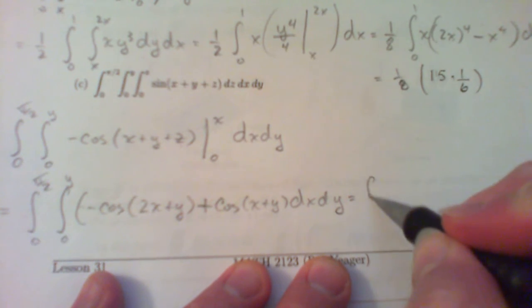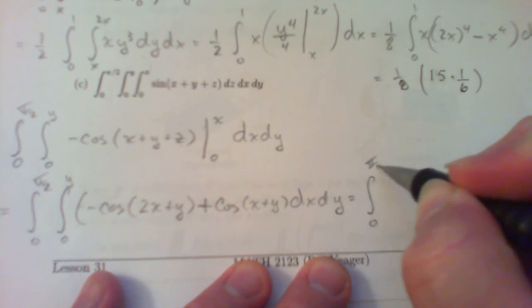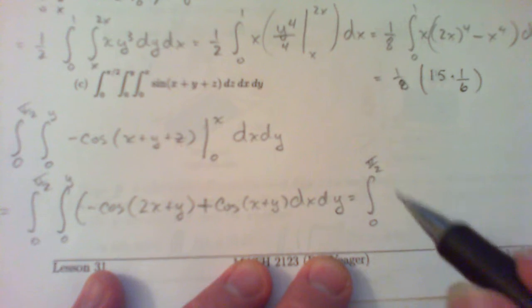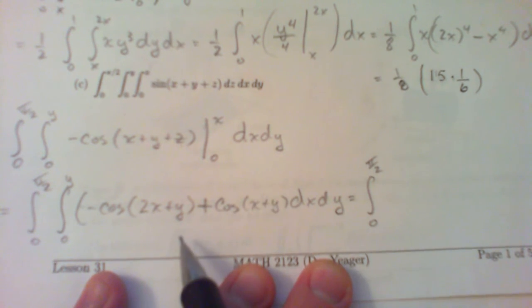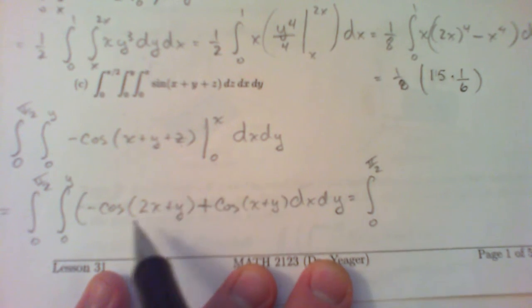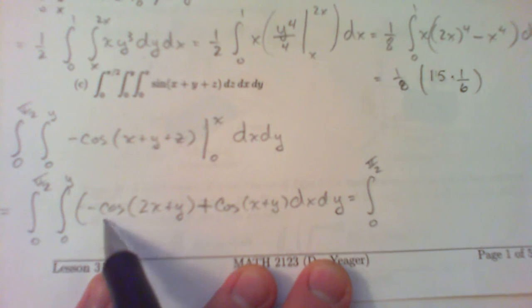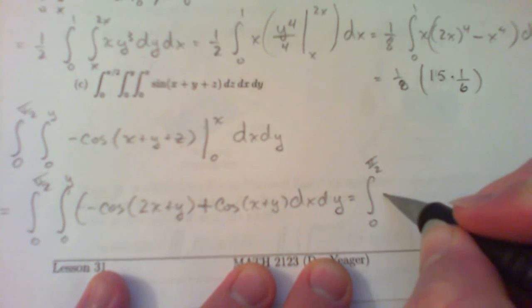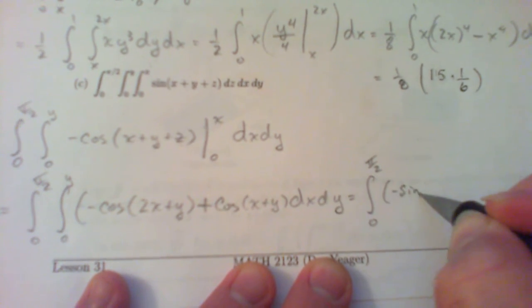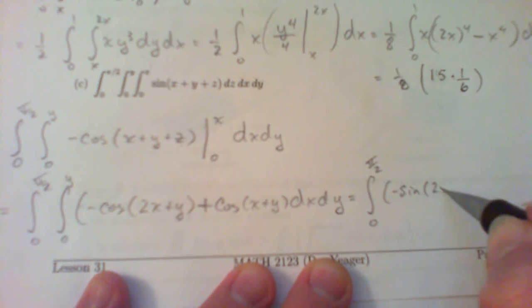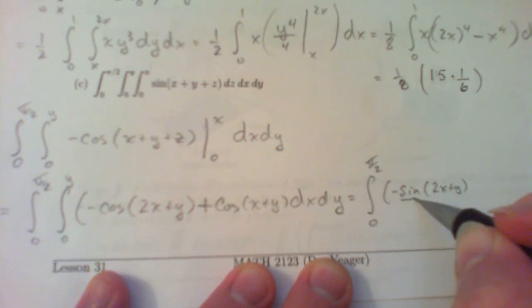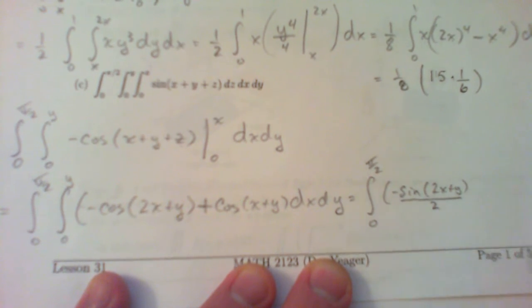Okay, so leaving the outer integration from 0 to pi over 2 alone, now I need to integrate with respect to x. The antiderivative of this function here is going to be negative sine of 2x plus y, and then doing a chain rule, divided by 2.